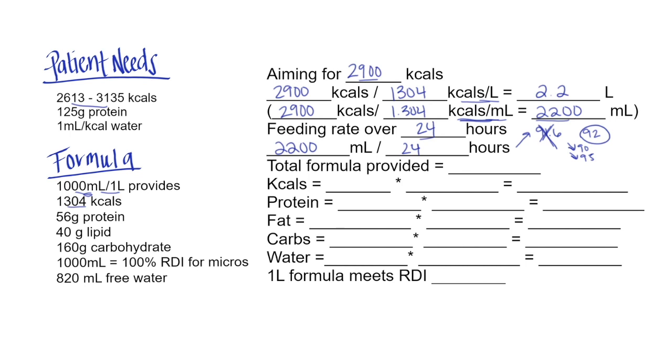I'm going to say actually then I'm going to have 92 mils per hour, and I'm going to multiply that by my 24 hours, and that's going to give me a total of 2208 mils or 2.208 liters. So now I know we were just working with mils, but I actually like to go back to this value of liters for the rest of our calculations.